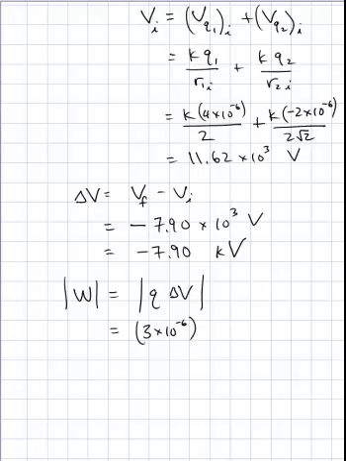To find delta V, we used Q1 and Q2. Now we're done with Q1 and Q2. We've got their contribution incorporated in our delta V, and we multiply by Q3. Let me put a 3 there just to make it clear. We multiply by Q3 to get the work done in moving Q3 between the delta V caused by Q1 and Q2.